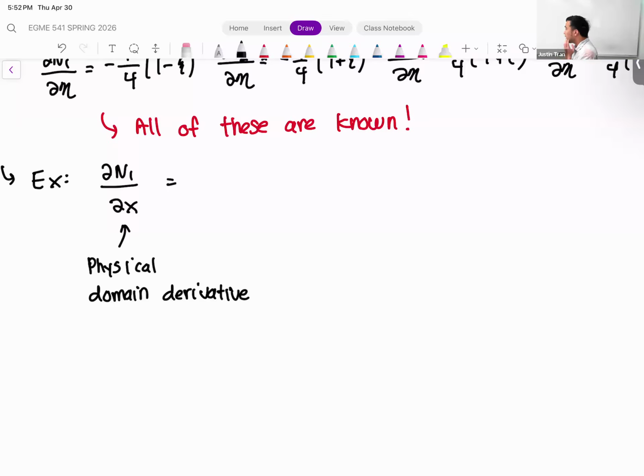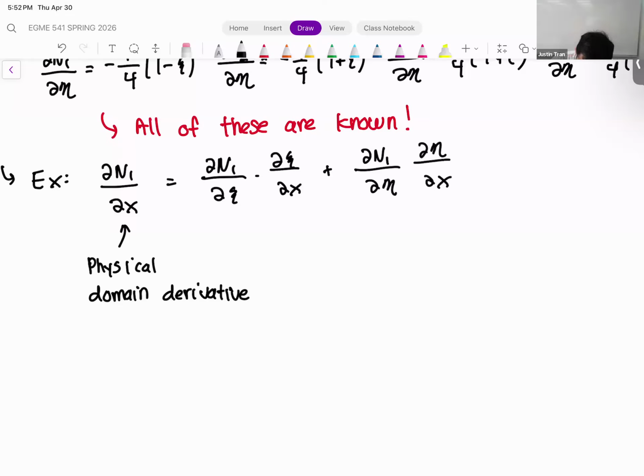All right, so we can use a chain rule from calculus, where we can say this is equal to partial n1 partial epsilon multiplied by partial epsilon partial x, plus partial n1 partial eta multiplied by partial eta partial x.